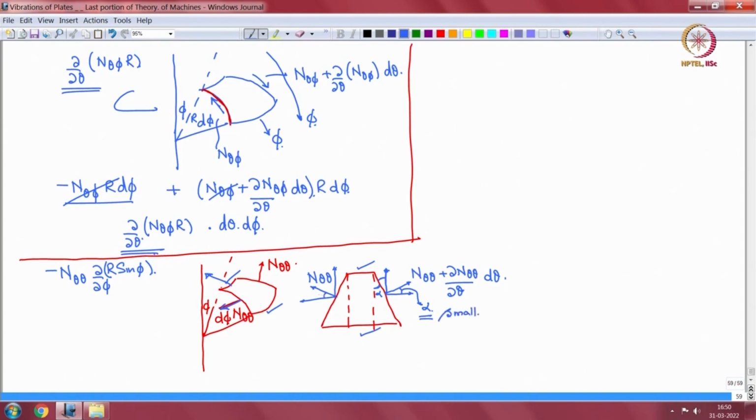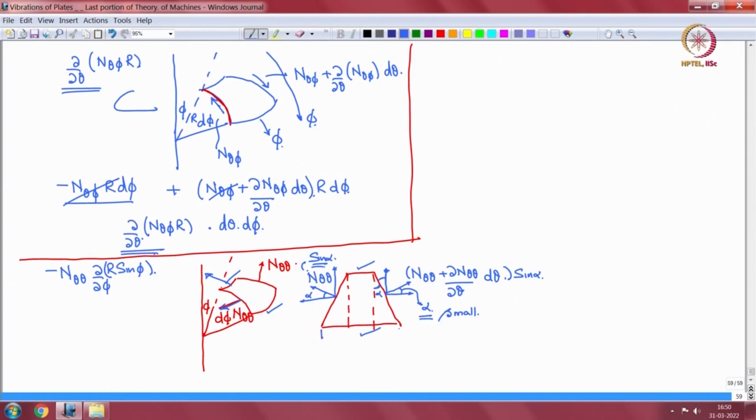Similarly, this angle is alpha. So I need sine alpha of this quantity. What is alpha?